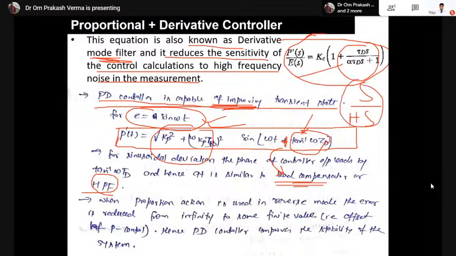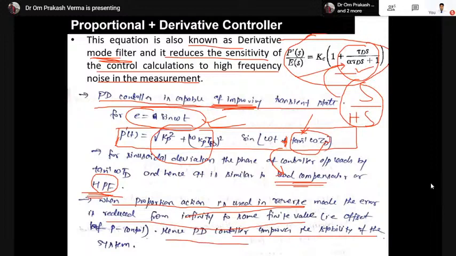So you can compute that this is a high pass filter. Now when proportional control action is used in the reverse mode, the error is reduced from infinity to some finite value. That is not for you.